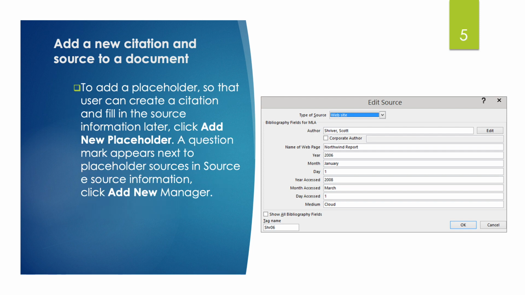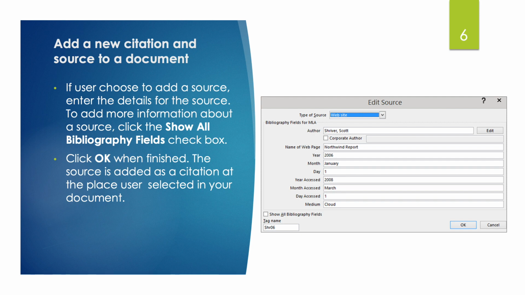To add a placeholder so that the user can create a citation and fill in the source information later, click Add New Placeholder. A question mark appears next to placeholder sources in Source Manager. Click on Add New. If the user chooses to add a source, enter the details for the source.